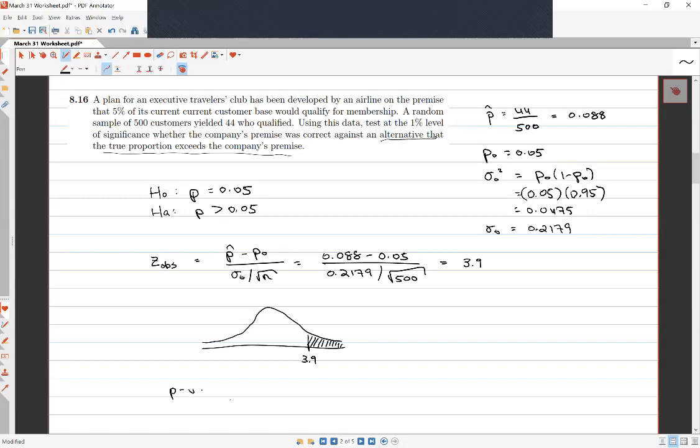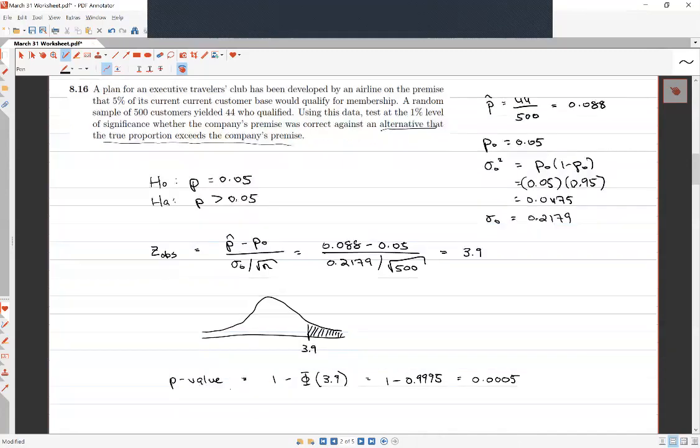So our p-value in this case, if your alternative is that the population quantity exceeds the value under the null hypothesis, you will calculate this as 1 minus the normal CDF at 3.9. And the normal CDF at 3.9 is 0.9995. So we end up with a p-value of 0.0005.